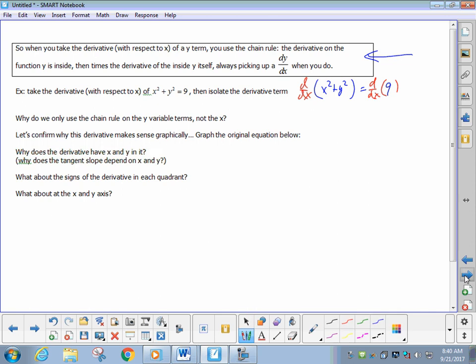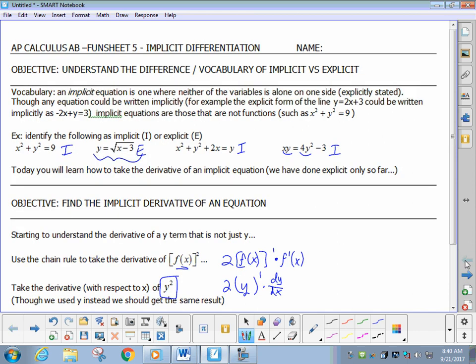When I take the derivative of x squared, what is it? 2x. The derivative of a sum is just a separate derivative, so now I'm just going to add the next derivative. When I take the derivative of y squared, this is what we just did. I take the derivative of the outside, I get 2y, but then times the way y itself changes with x.